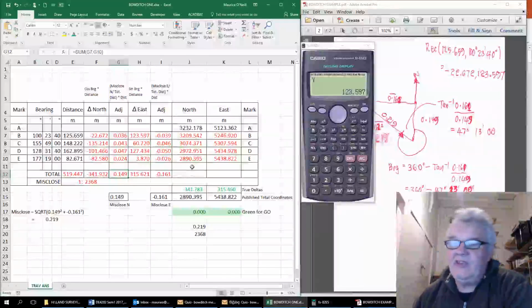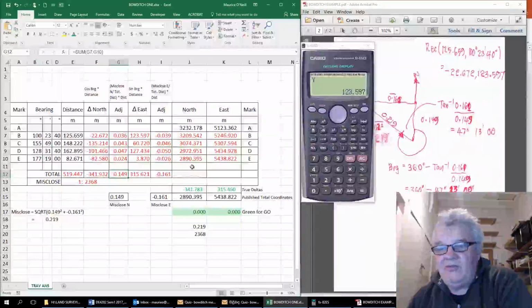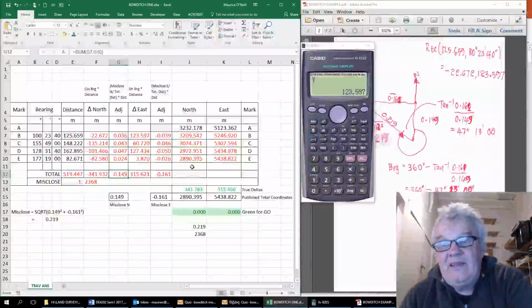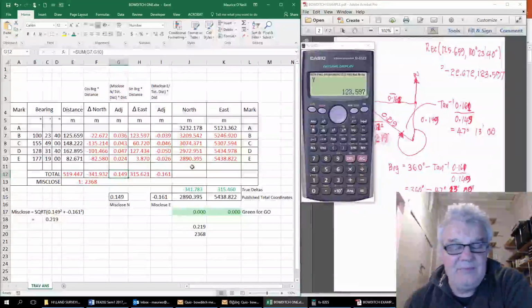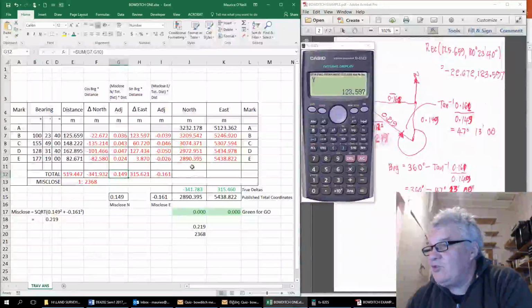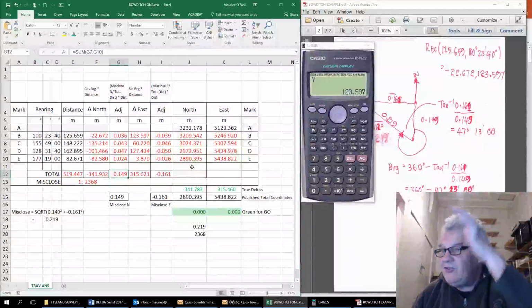Another thing is that adjustments are just that. They're just small adjustments. And in fact, these adjustments here seem quite large. I'd have to say that if this was a traverse of my work, I would be quite disappointed.